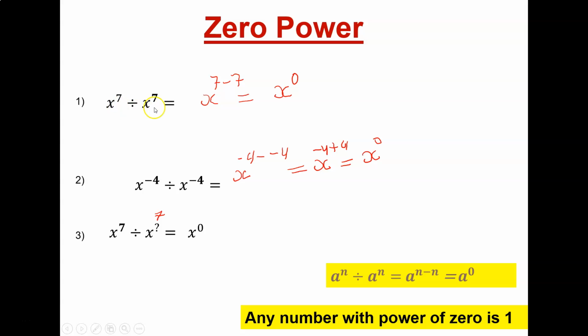So x power of 7 divided by x power of 7, they are exactly the same, so they give you 1. x power of minus 4 and x power of minus 4, those two are the same, so it's just 9 divided by 9. Same applies here. So when you divide two numbers which are the same, you end up with a number with a power of 0, and any number with a power of 0 is always 1.